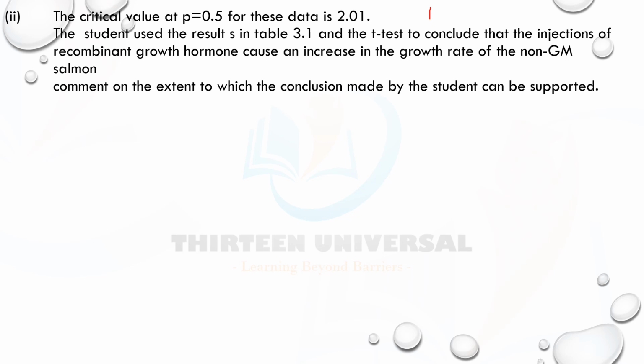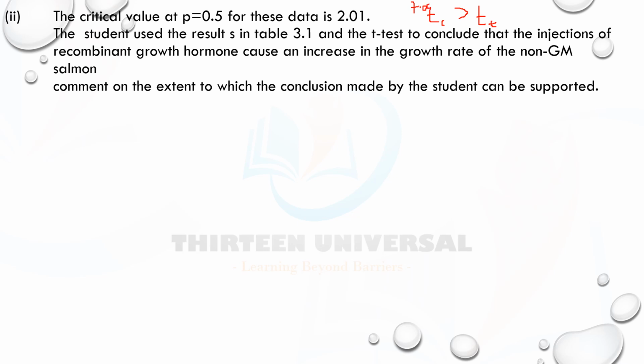So you remember we always say, okay, if t calculated is greater than t tabulated, reject the null hypothesis. All right, the t calculated is 7.06 there. Okay, 7.06. Yeah, thereabout. Check it again.